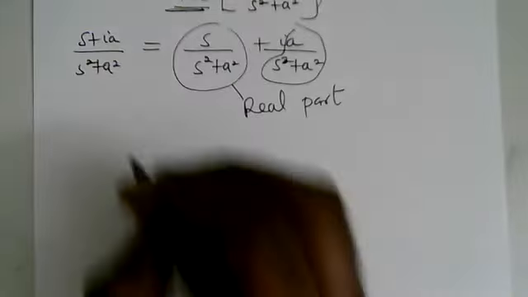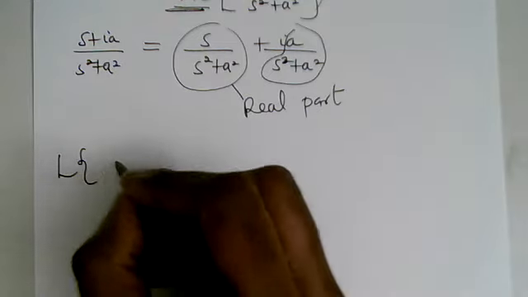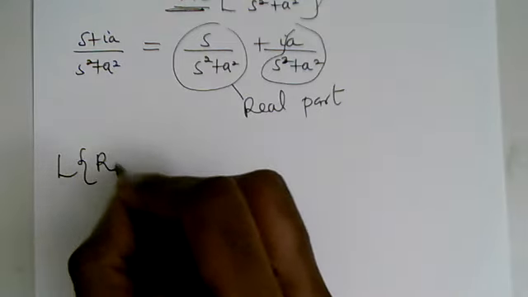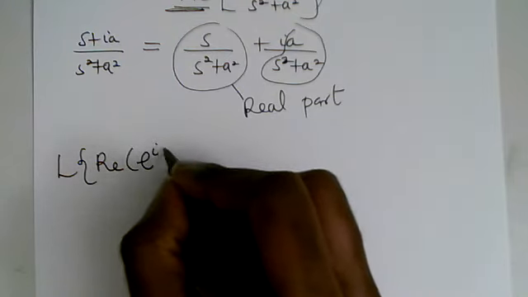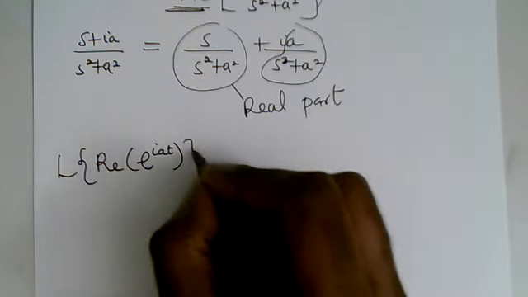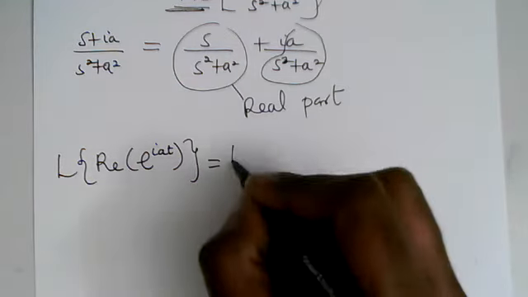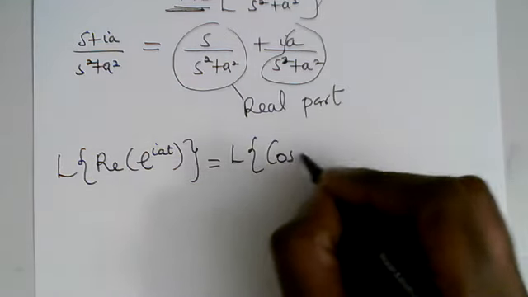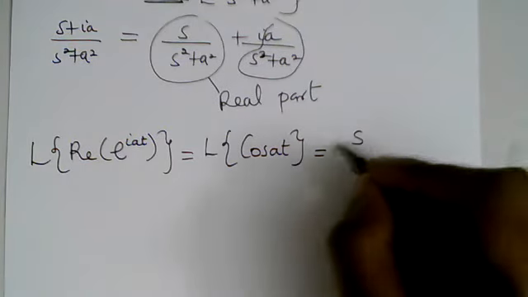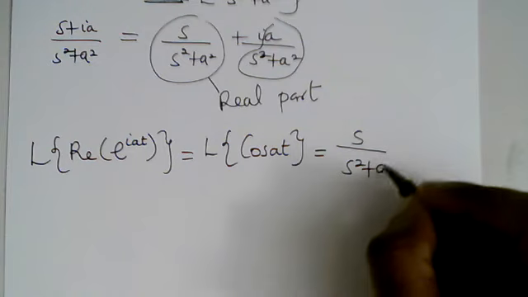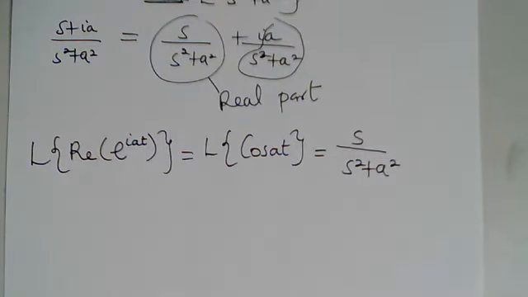So what this means is that the Laplace transform of cos at is s over s squared plus a squared.